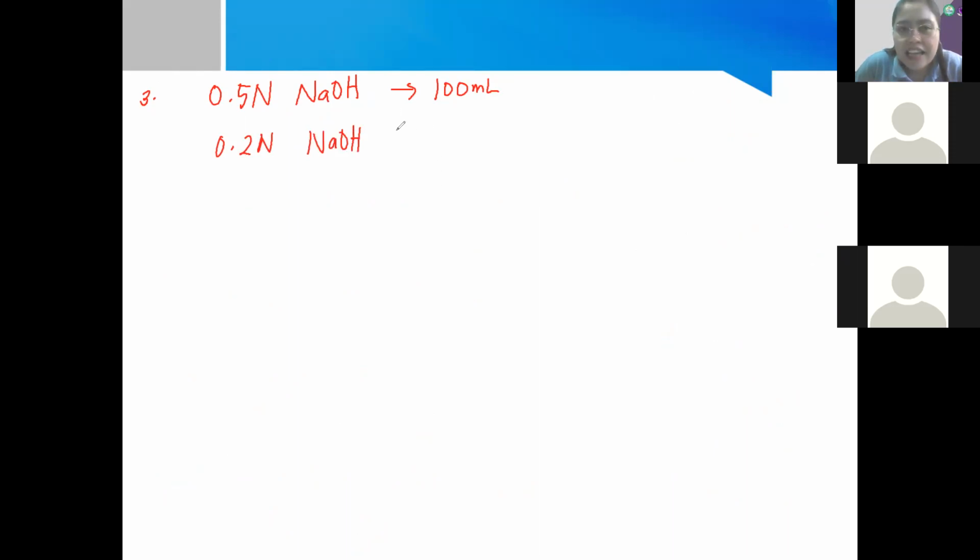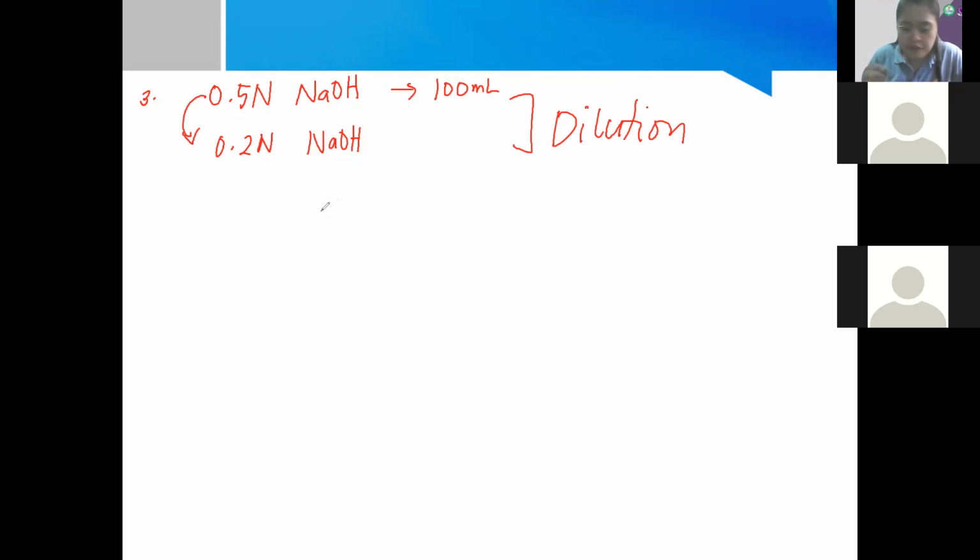Kapag ganyan class ang scenario, ganyan ang situation sa lab na meron ka namang sodium hydroxide na solution, iba nga lang ang concentration, kailangan mo ng ibang concentration, ang process nito dilution. Bakit dilution? Kasi from 0.5 naging 0.2, bumaba yung kanyang concentration.